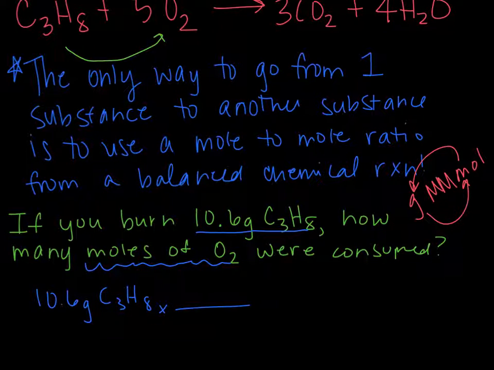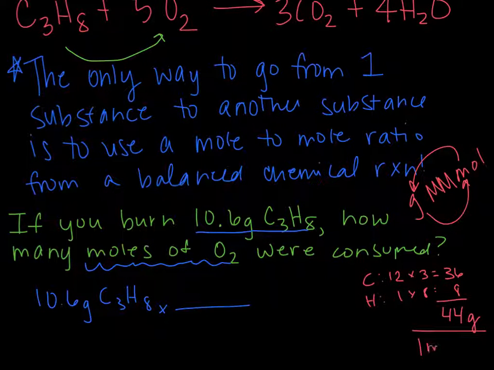The molar mass of C3H8: carbon has a mass of 12, and we've got 3 of them, so that's 36. Hydrogen has a mass of 1, and we've got 8, so that is 8. So 36 and 8 is 44, and that's the grams in 1 mole of C3H8.